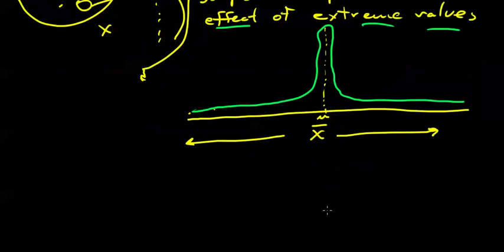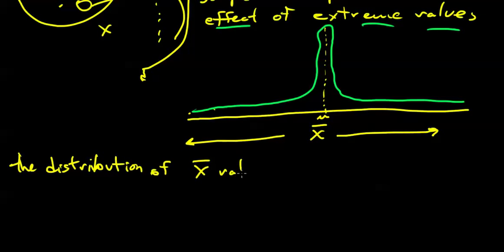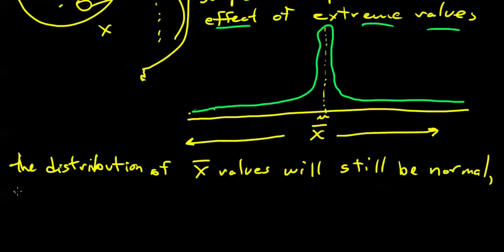All right, let me write down what I just said. The distribution of sample mean values will still be normal, in other words, bell-shaped, but with less spread.